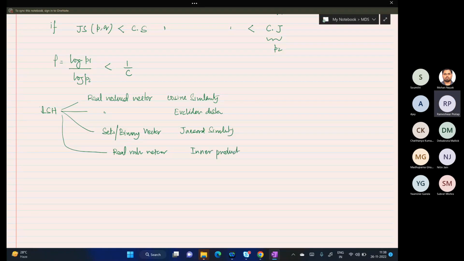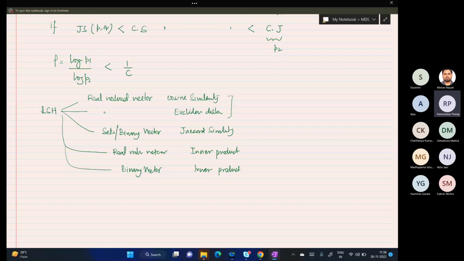That can be computed by doing some pre-processing on the input, and then we can use LSH for cosine or Euclidean distance. Similarly, LSH for binary vectors and inner product can be computed by doing some pre-processing on the input and using the LSH for Jaccard similarity.